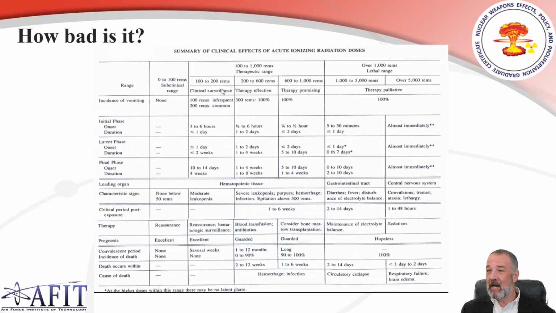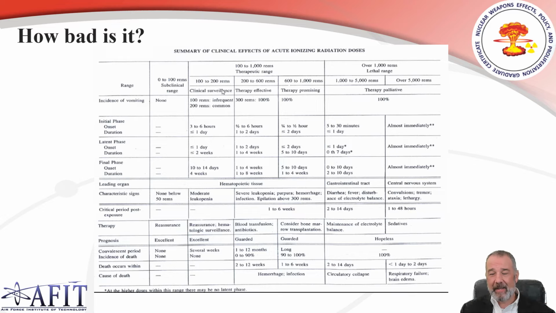So we have, again, 100% incidence of vomiting. Onset phase is between 5 and 30 minutes. Over 5,000, it's immediate. Same with the latent phase, the final phases. Anything over 5 sievert, it's all going to happen almost immediately on a very, very short time scale, seconds to minutes.